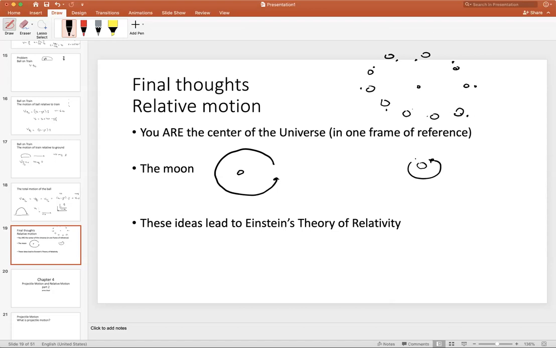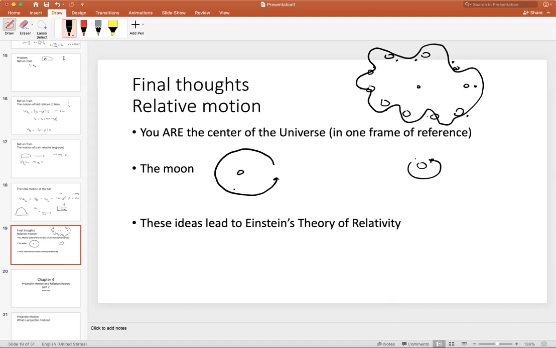And what you see is that the moon kind of does this sine wave curve around the sun. The moon, from the point of view where you're at rest on the Earth, orbits the Earth in a circular path. The moon orbits the sun.